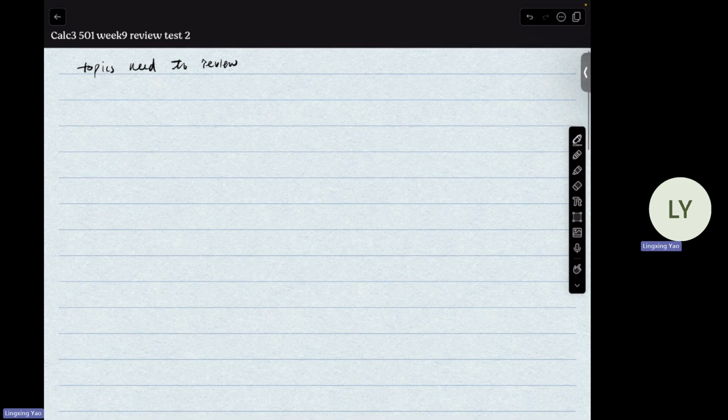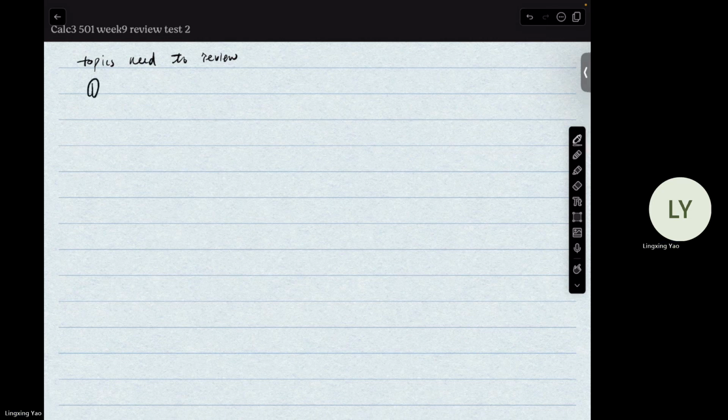Okay, so the first one we want to emphasize is: how do we compute a double integral? All right, the double integral is a definite integral, and we do want to emphasize there are three factors.